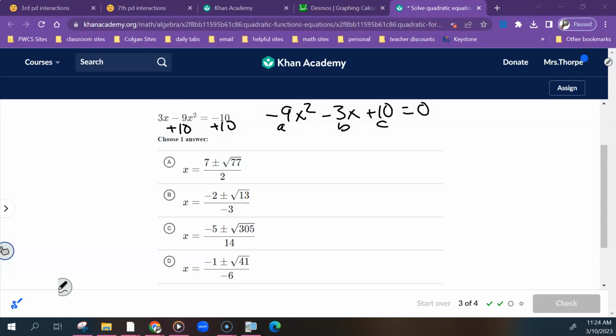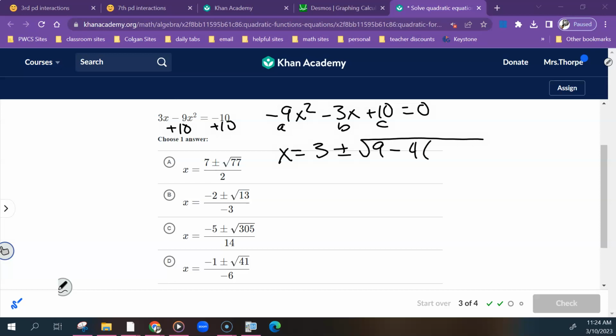Label your A, B, and C. And then we have x equals negative b, but it's already negative. Plus or minus square root of, what would b squared be? 9.